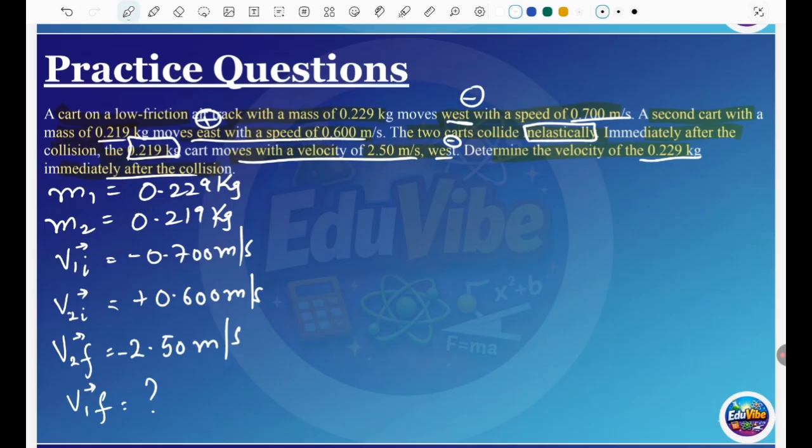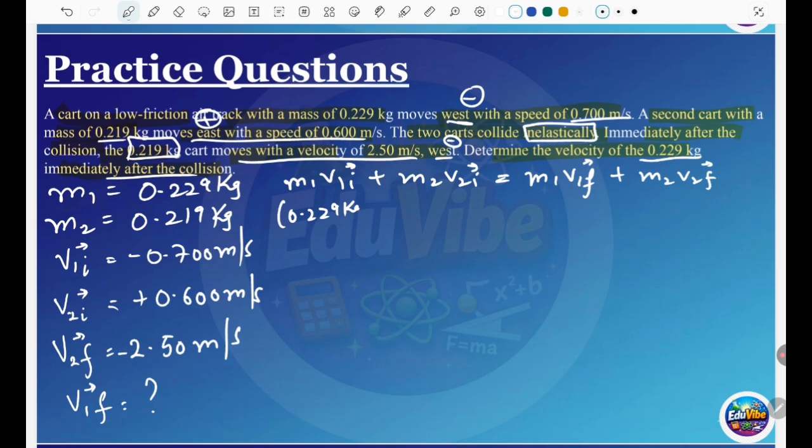So you have to write that big formula, which is m1v1i plus m2v2i is equal to m1v1f plus m2v2f. So for m1 you have 0.229 kg.